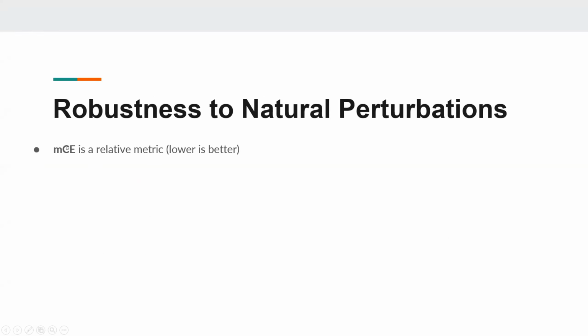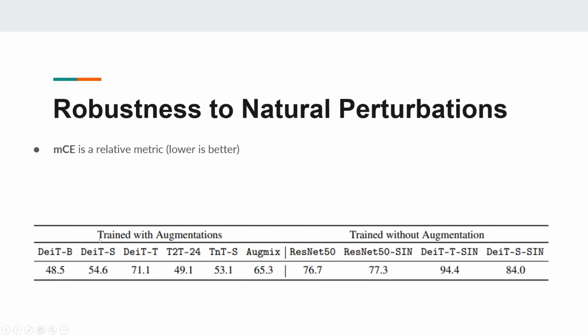So what does it look like? Again, this is a relative metric, so lower is better. When we look at models trained with data augmentations, AugMix is our baseline model here. This is just a ResNet-50 trained with a specific augmentation strategy. We find that most ViTs trained with data augmentation perform better than that baseline.